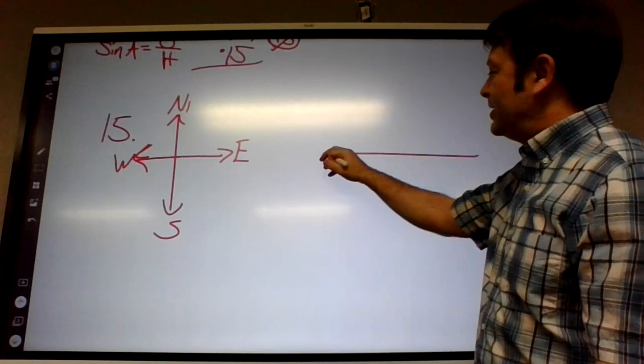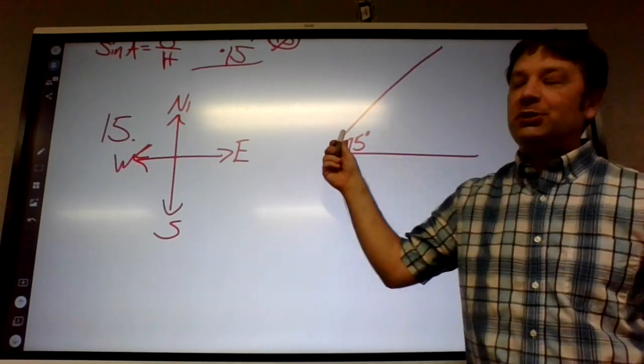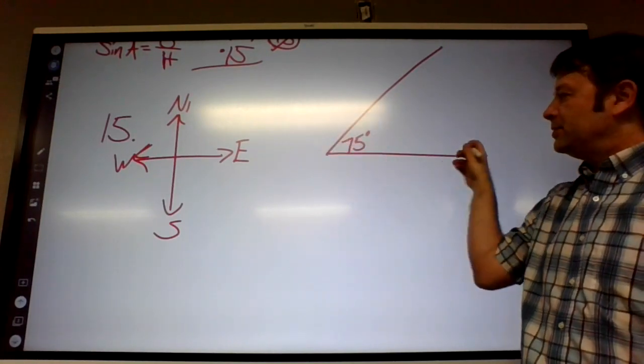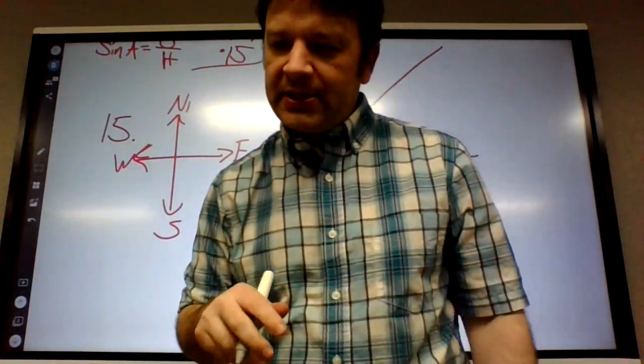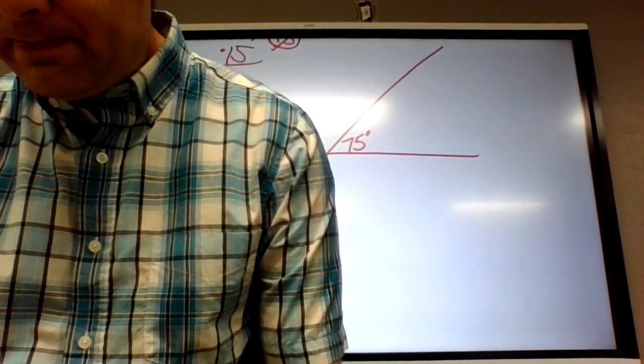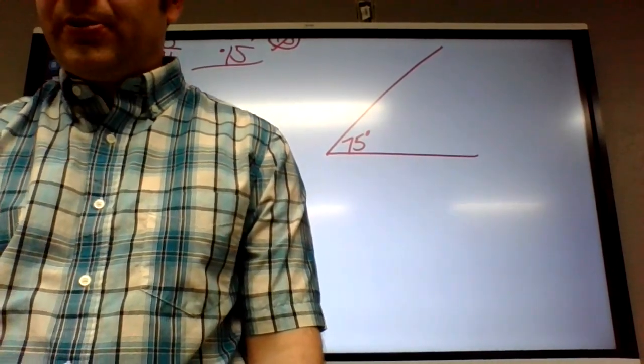So if it's going 75 degrees north of east, it looks like this. 75 degrees north of east. That's the way the boat is heading. So we got that so far. The ship travels 300 miles. Where would the 300 miles go?